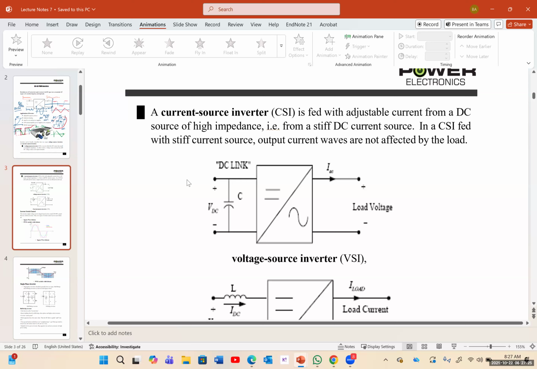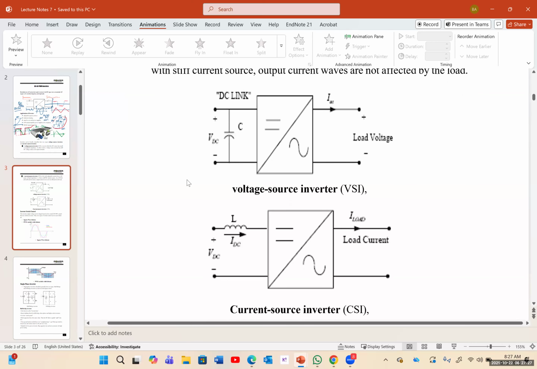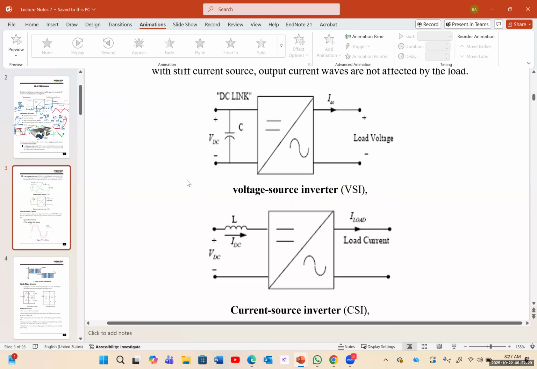And these two show examples of a voltage source inverter. You can see on a voltage source inverter, we usually have a capacitor, a DC link. The capacitor acts like a filter for the voltage and stores the voltage, so you can have a smooth, constant voltage at the input.